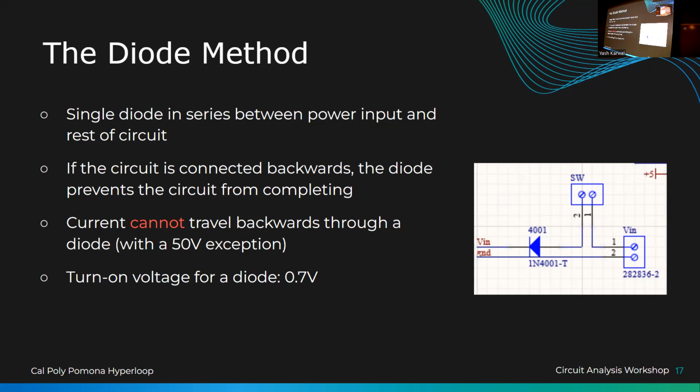Here's the graph of the diode, with current on the y-axis. If there's a negative current going in, that means there will not be any voltage.